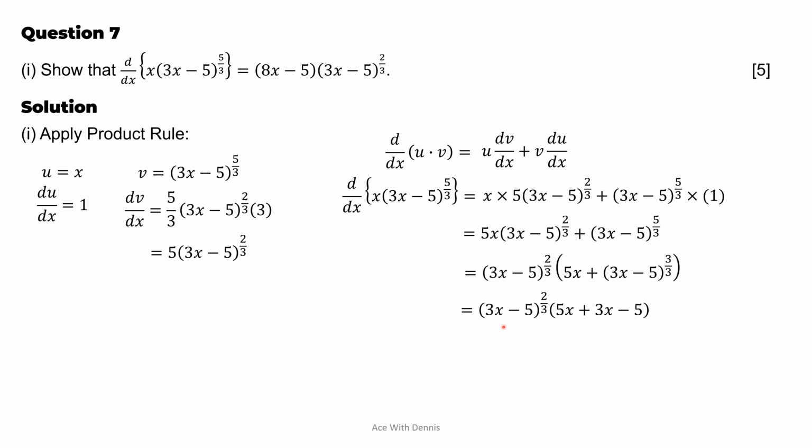Then it becomes 3x minus 5 to the power 2 over 3 times 5x plus 3x minus 5. So we get 3x minus 5 to the power 2 over 3 times 8x minus 5. Actually, we have reached the answer that they want. We just rearrange it as 8x minus 5 times 3x minus 5 to the power 2 over 3, so that it is the same as the question. Hence shown.